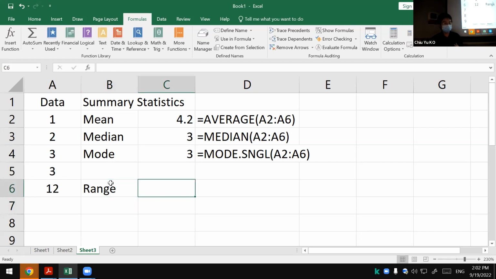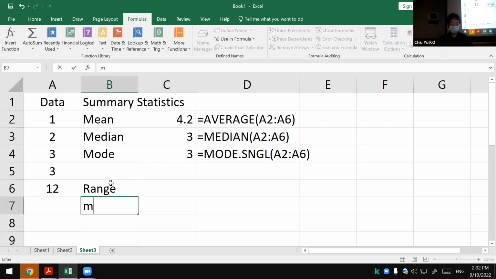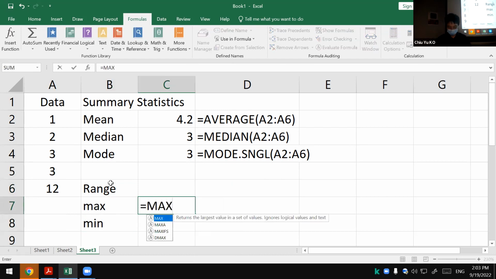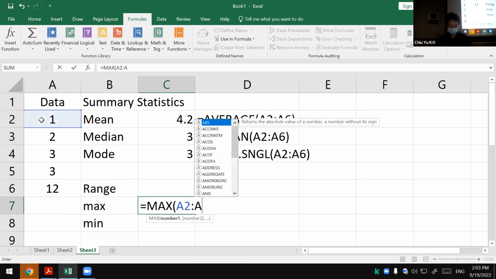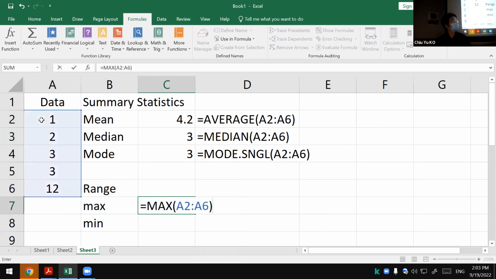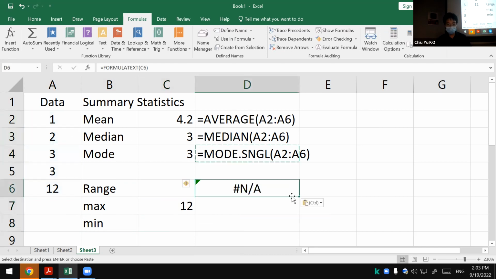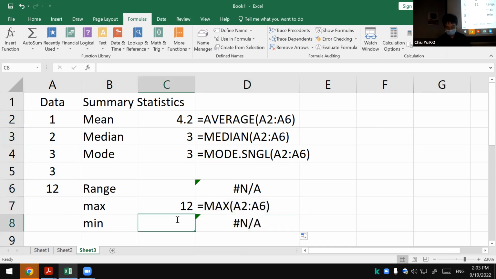Range will be the maximum and the minimum. What is the max? What's the minimum? And do the range. Max will be just doing the max. Just put in the number there, A2 up to A6. It's a max. And we can do the same for the minimum.